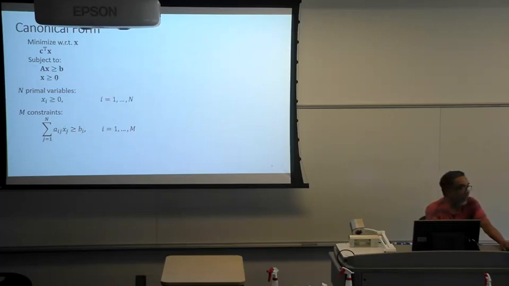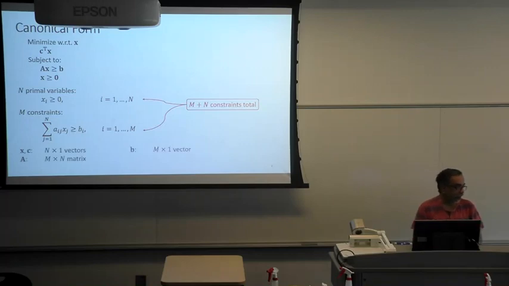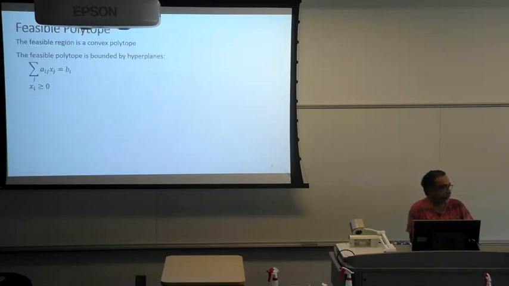And A is an m by n matrix. So we have another m constraints here, and the total number of constraints is m plus n. And we are operating in n dimensions because x is n-dimensional. So these are the sizes of the vectors and matrices.